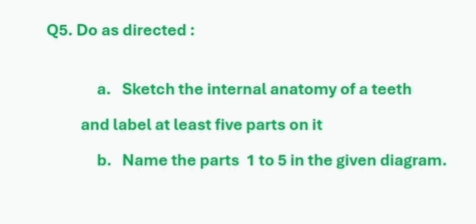The next is question number 5, where you have to do as directed. Both these questions are based on diagrams. Subpart A, you have to sketch the internal anatomy of a human tooth and label 5 parts in it.